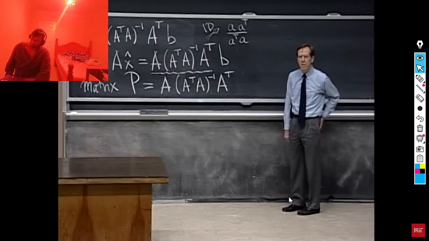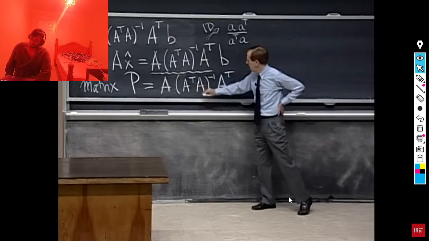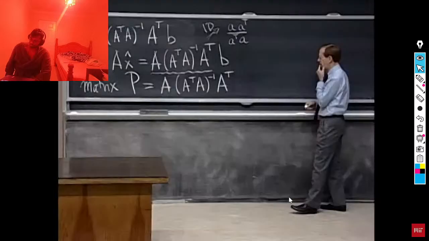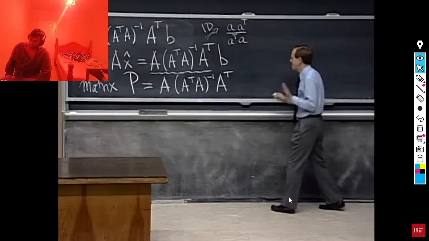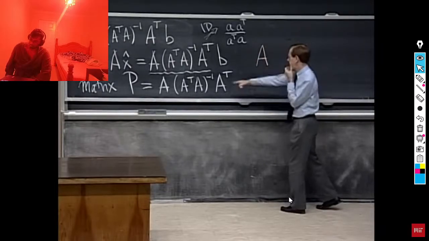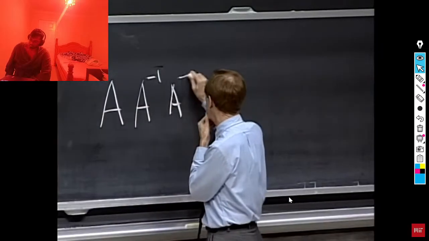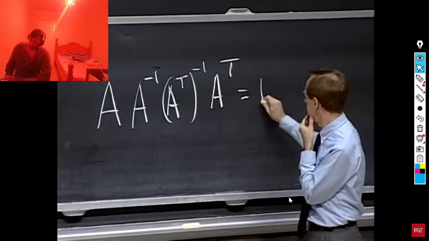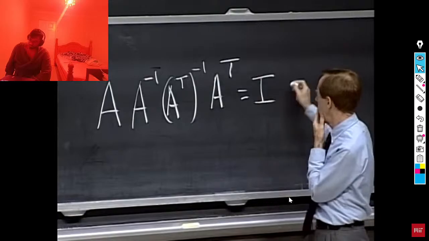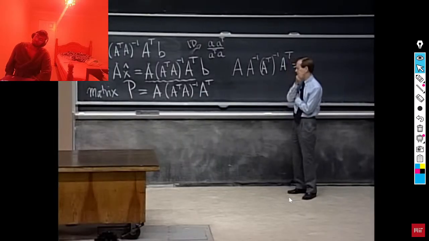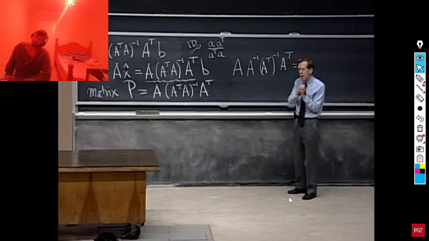If I do that, then A inverse, A transpose, A transpose inverse, and that's the identity. But what's going on? Somehow, I did something wrong. That wasn't allowed.